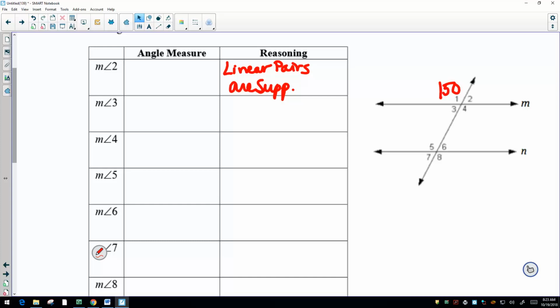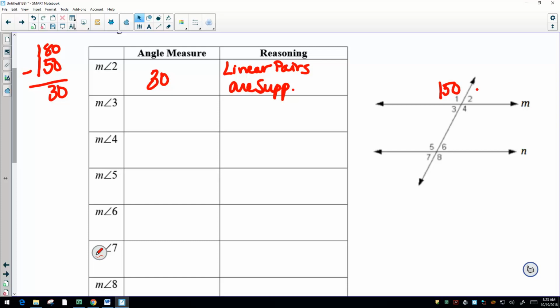So knowing that, I can say angle 2 has to be 30. Subtract 150 from 180, and I'm going to see 30 degrees.